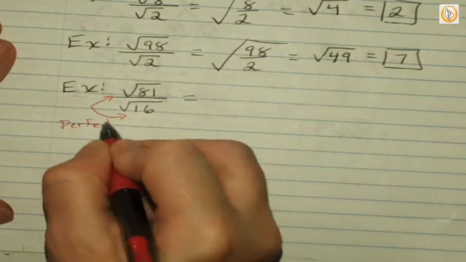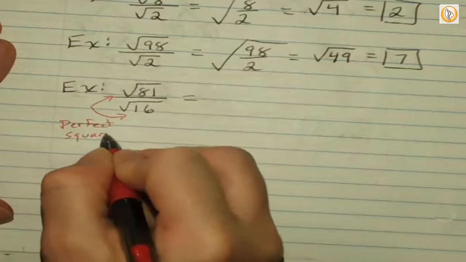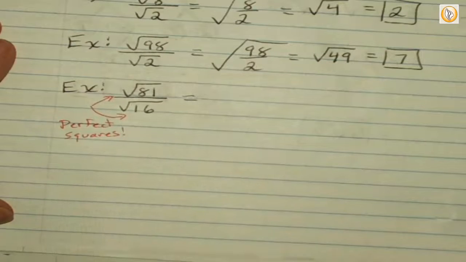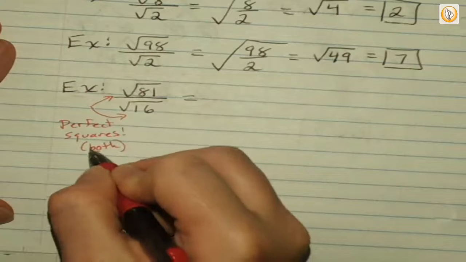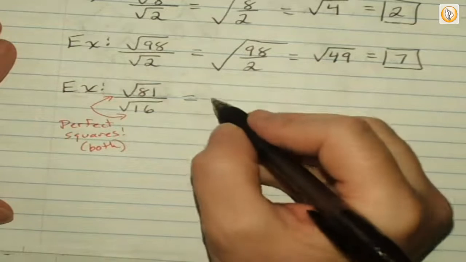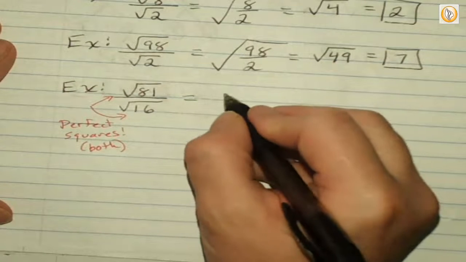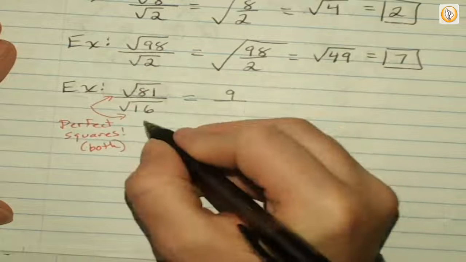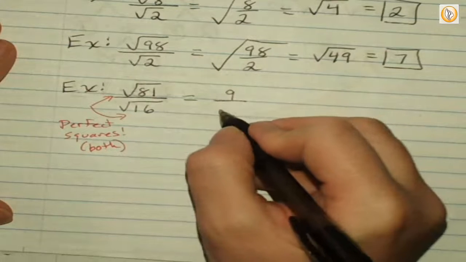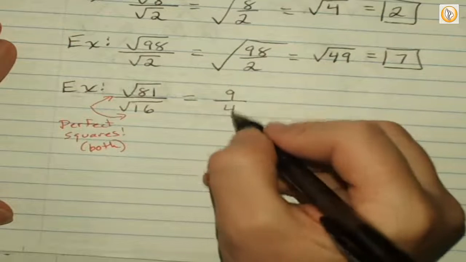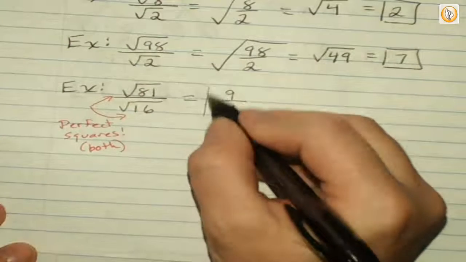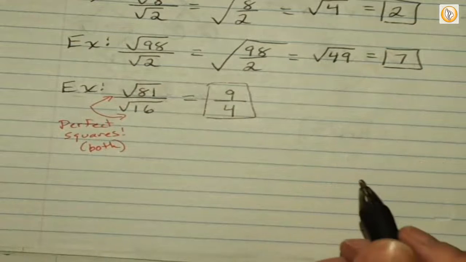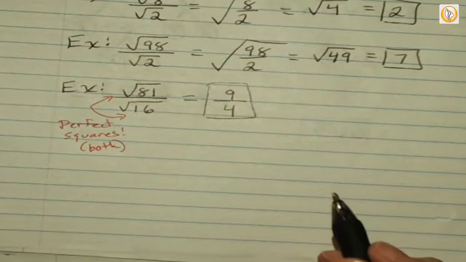So Michael, what's the square root of 81? 9. And what's the square root of 16? 4. 9 cannot be divided by 4 evenly, so you can leave it, or you can go ahead and write it as a mixed number or decimal.